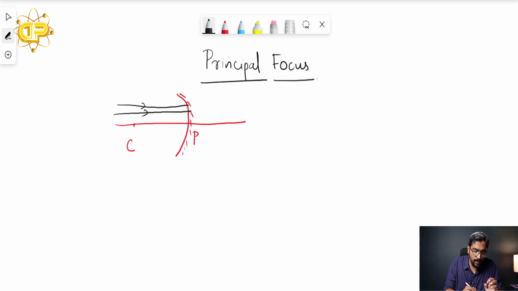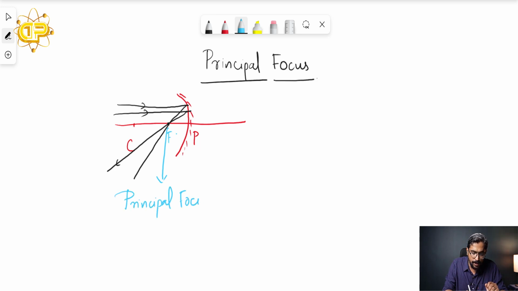Concave mirror is also known as what? Converging mirror. So after reflection, the rays will converge and move towards each other and they will meet at a point on the principal axis. This particular point is known as what? Principal focus. Here you need to note one very important thing, that the rays of light should be parallel. Ray 1 and ray 2 should be parallel to the principal axis.